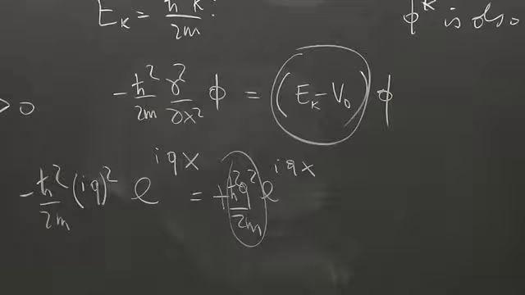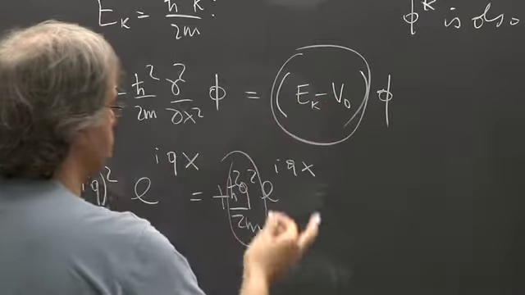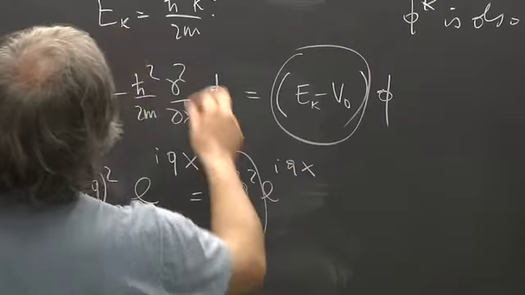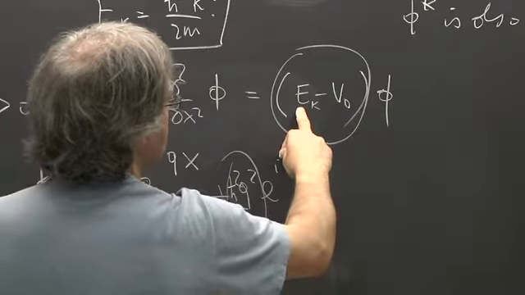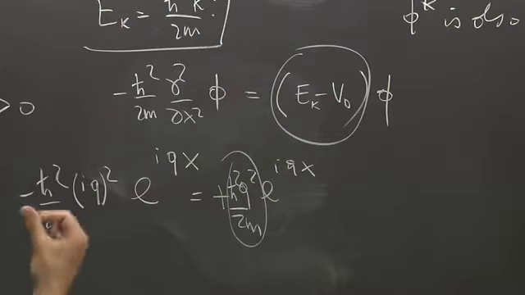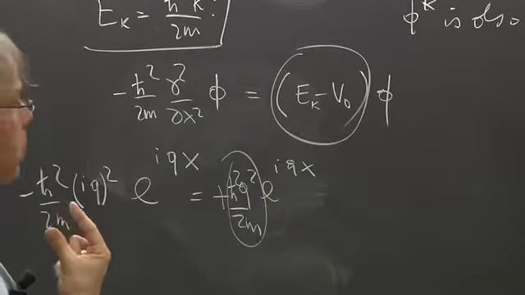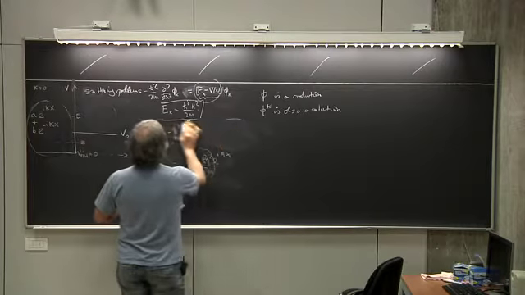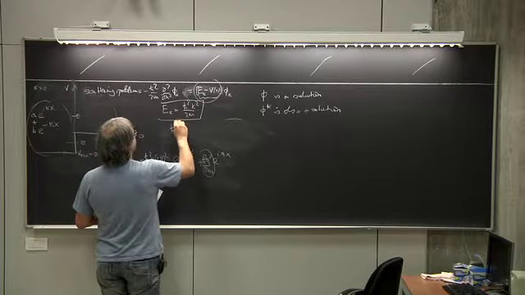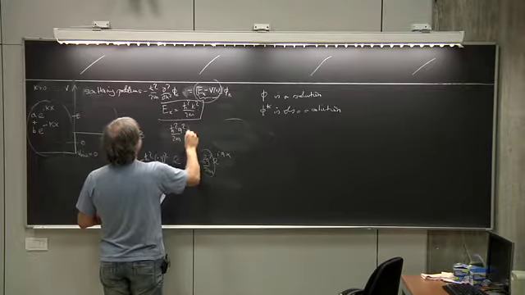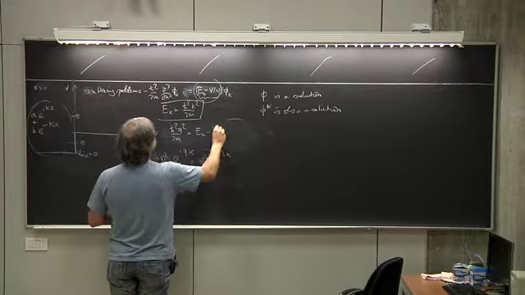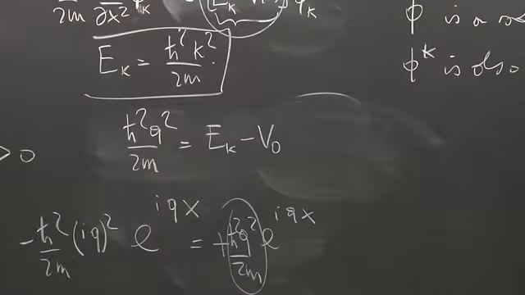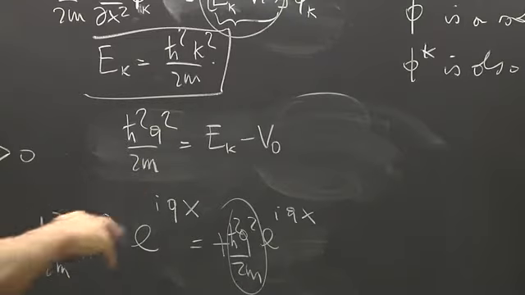If you put k here, this would not be true, because h bar k square over 2m, as you already wrote here, is just E, not E minus V0. So you see the momentum here is smaller. So the other q has to be such that h bar square q square over 2m is equal to E minus V0. Is this clear?